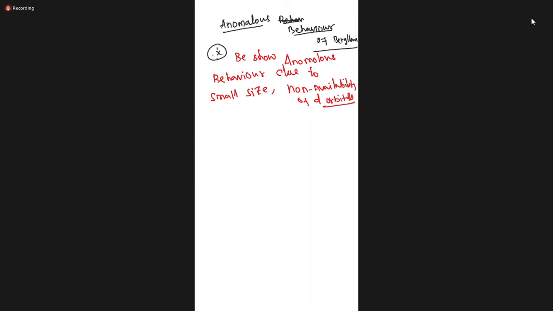That is the reason for the anomalous behavior. The rest of the elements have d orbitals available, like magnesium, calcium, strontium, barium.